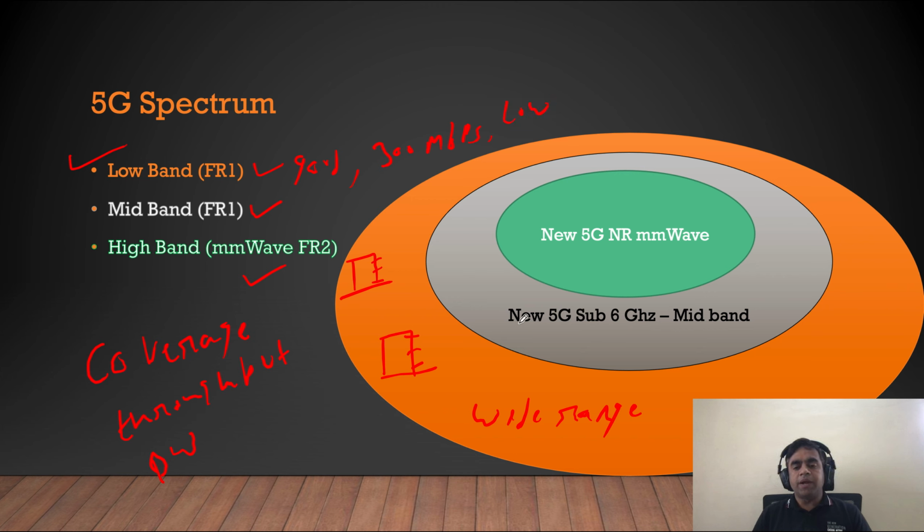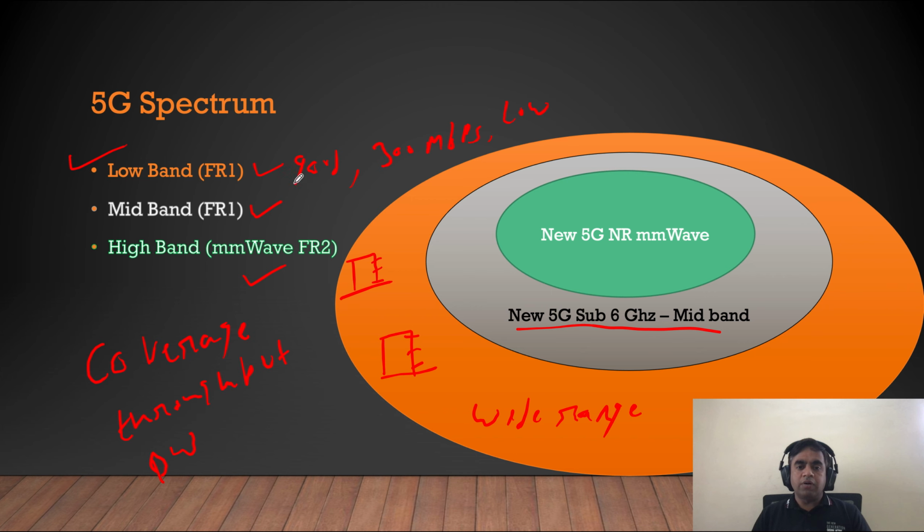Then we come to the mid band, which is the sub 6 gigahertz range, which is, by the way, one of the popular ranges for 5G. In the mid band, it has less penetration power or coverage power as compared to the low band, but it has higher throughput.